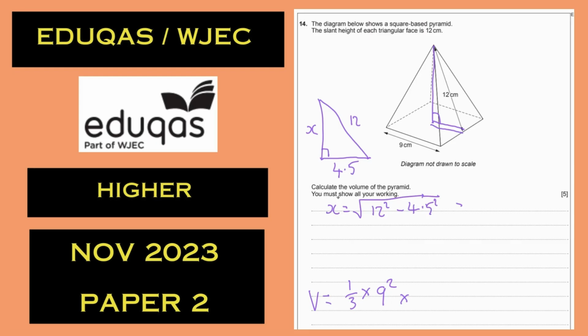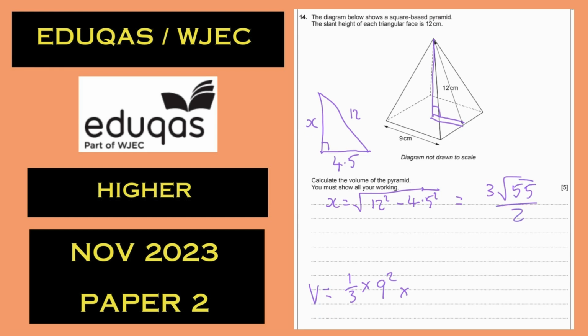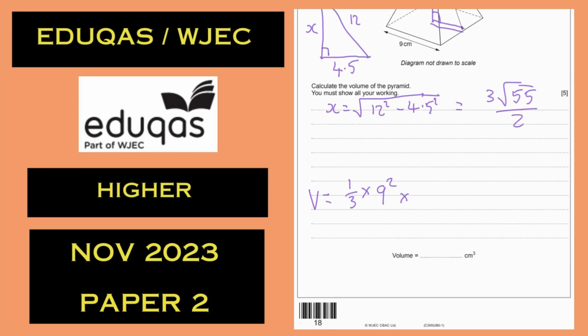My calc gives me a lovely surd, 3 root 55 over 2. But who cares? Decimal equivalent is fine, because all we're going to do, keep that in your calc screen, don't clear it. Because all we're going to do, we've got the height, plug it into the formula.